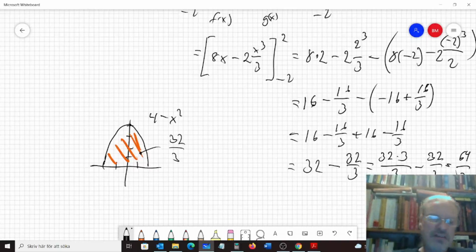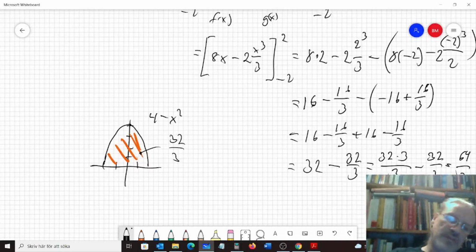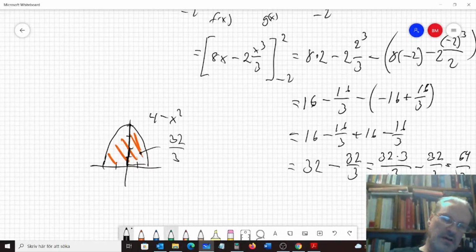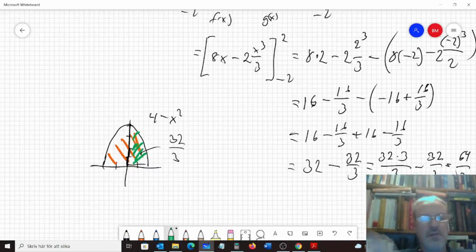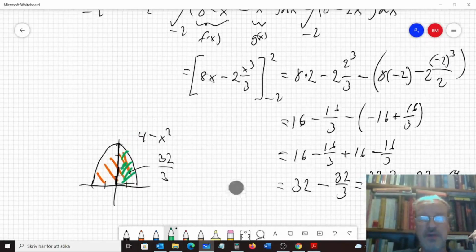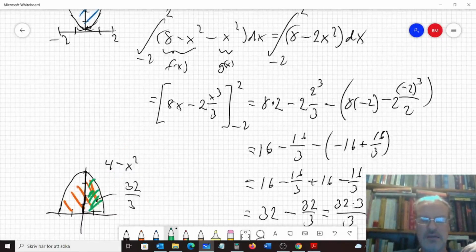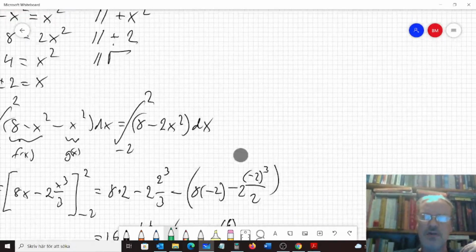We could even make it easier for ourselves, because you remember this, we could integrate just get this quarter here, and if we take that fourth and multiply it by 4, then we get a total area. So that could be a bit of simplification. But if we don't have time to figure this out on an exam, we can just do the integral like this.